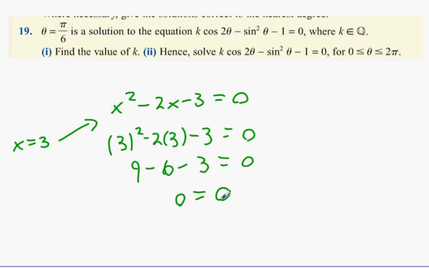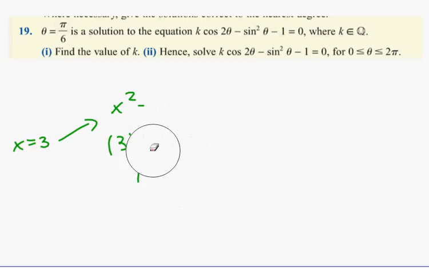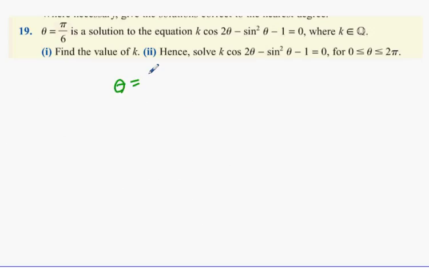Now, what we're doing next is the same trick, aren't we? We sub it into this, and what should happen? We should have to get 0, don't we? Okay, so if theta is pi over 6, what's 2 theta? 2 pi over 12?